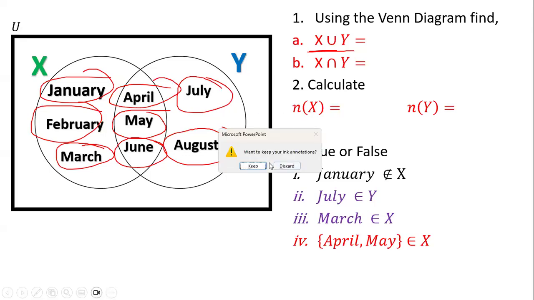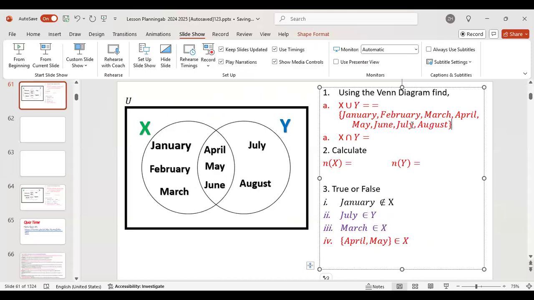All right, so that's what's going to be in our union. Let's write that down. Again, the union is going to be all of the months of the year that are inside this diagram. All of them. So like we said, January, February, March, April, May, June, July, August, all of that is going to be in the union.